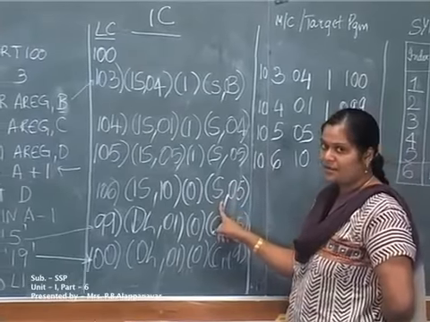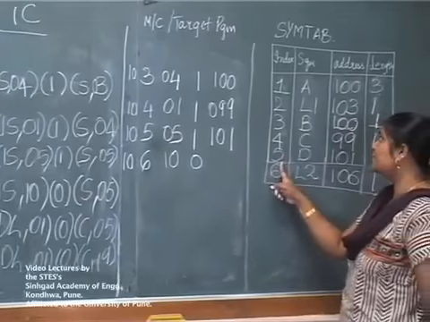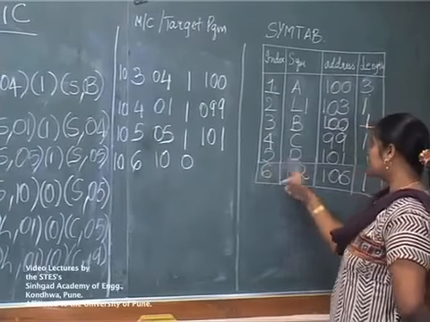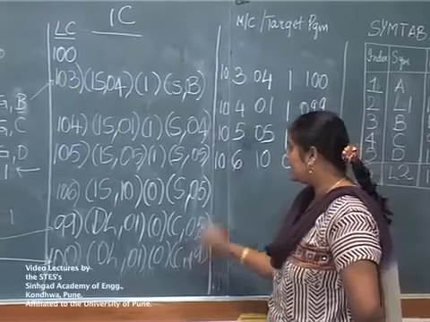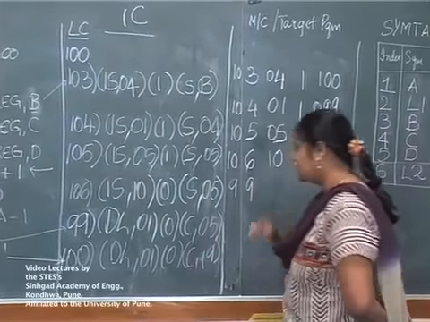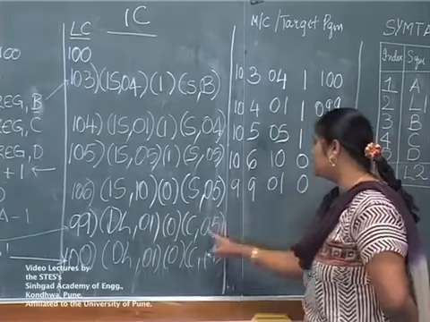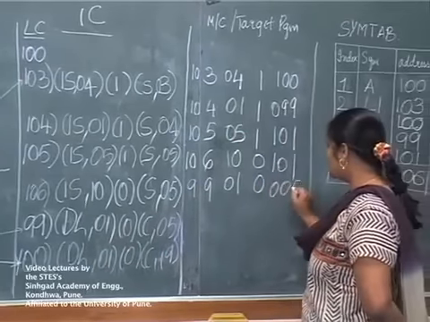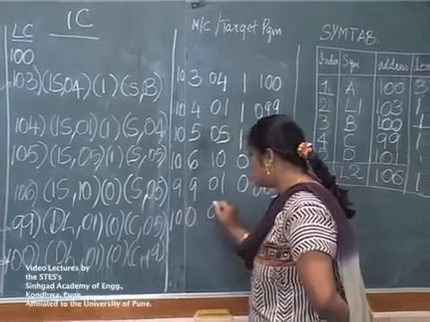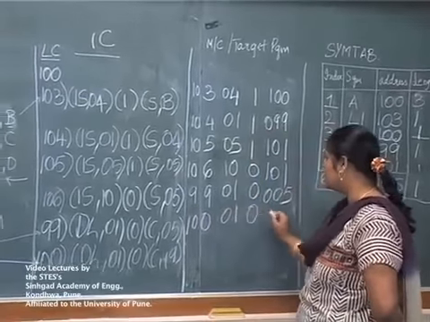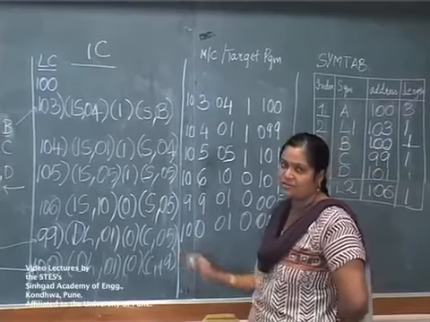Refer to the symbol table and get the address associated with 5. The address associated with a symbol whose index value is 5 is 101. And then we have 99. You have 01, you have 0. It is a constant, so you write the constant as it is. And then you have 100. Again it is a constant defined, so 0, 0, 1, 9, and then we have END and we stop processing over here.